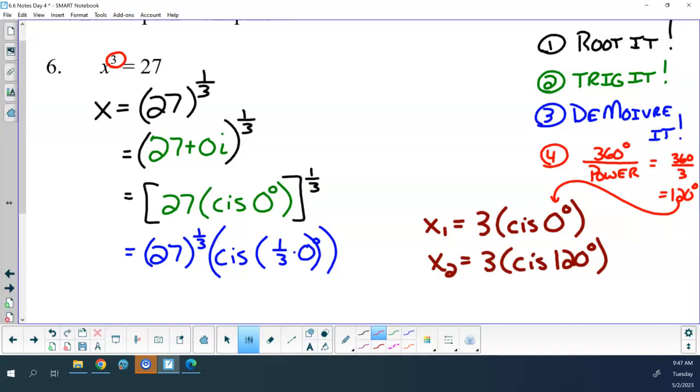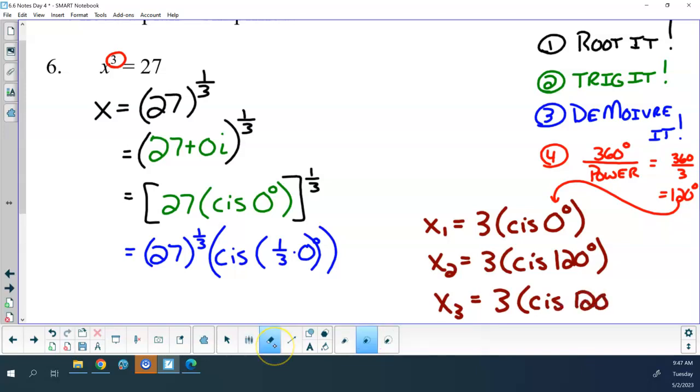Then I'm going to add 120 to that angle.